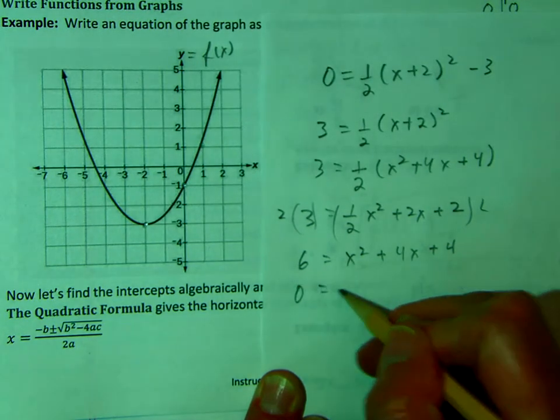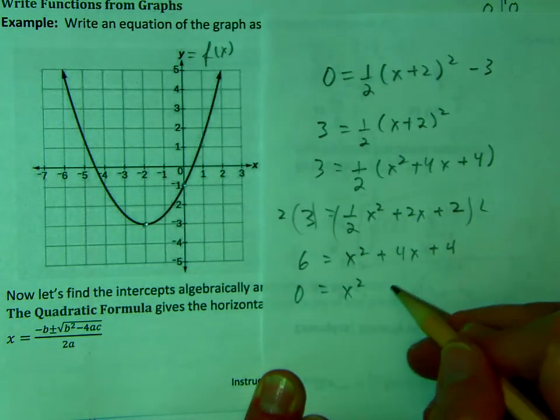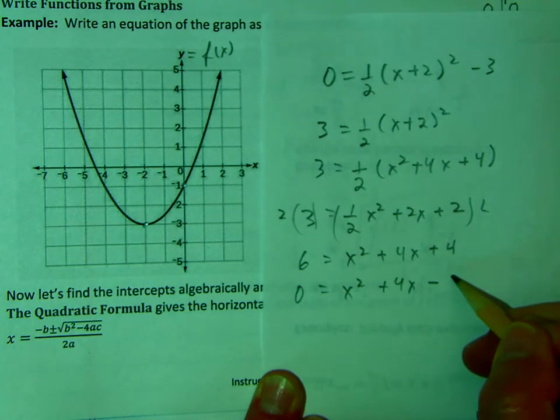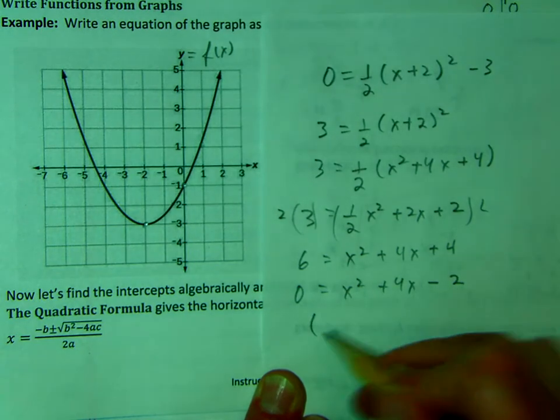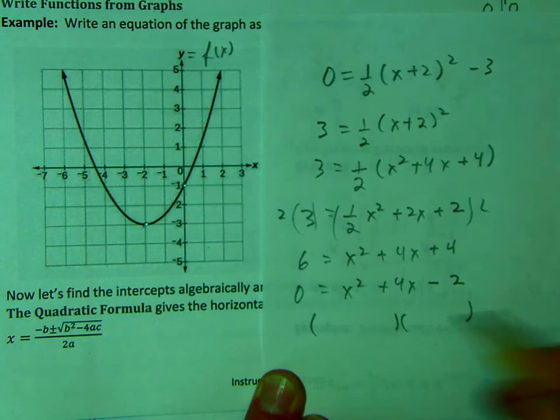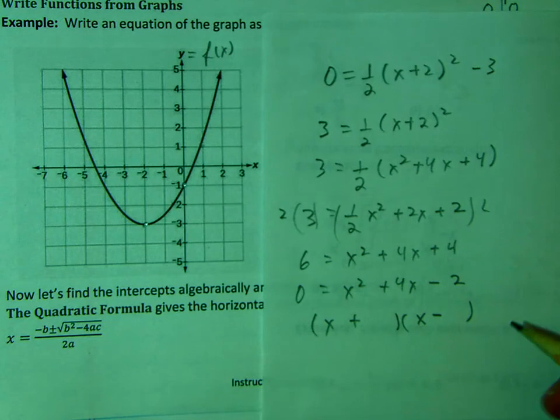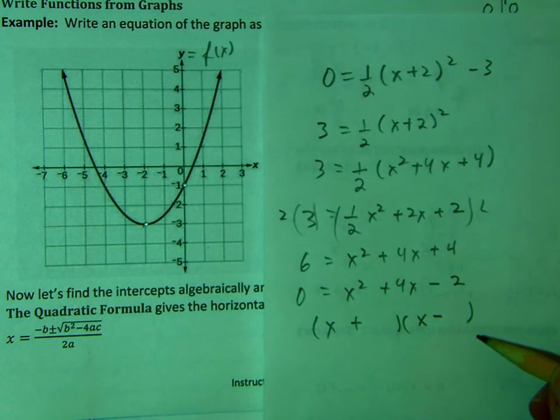So 0 equals x squared plus 4x minus 2, and I can factor, and it's not solvable by factoring. So what can I use?